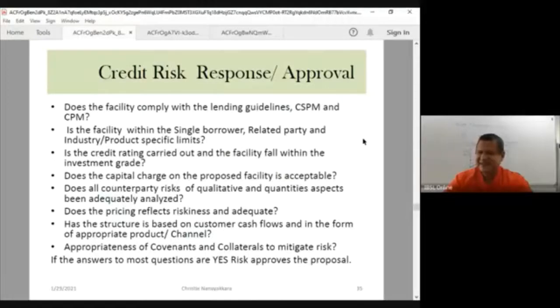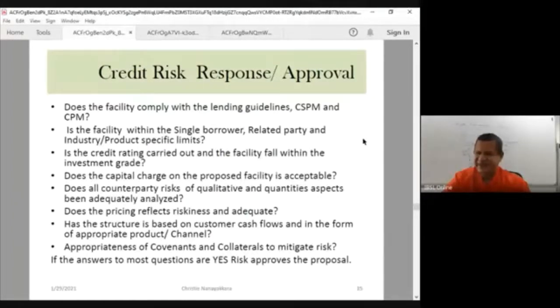The amount of money on the bank's balance sheet you need to allocate for credit based on risk weightage is called credit capital. Have the counterparty's risk, qualitative and quantitative aspects been adequately analyzed? The risk department also looks at your ratio calculation.